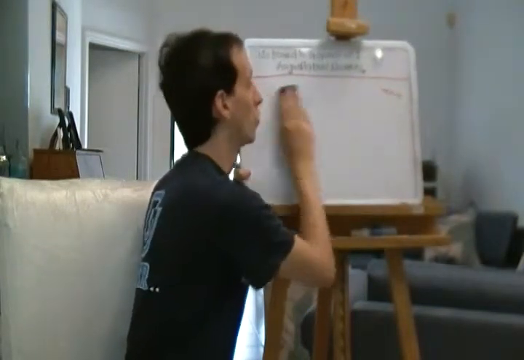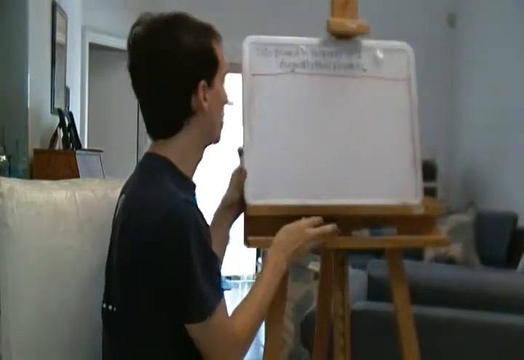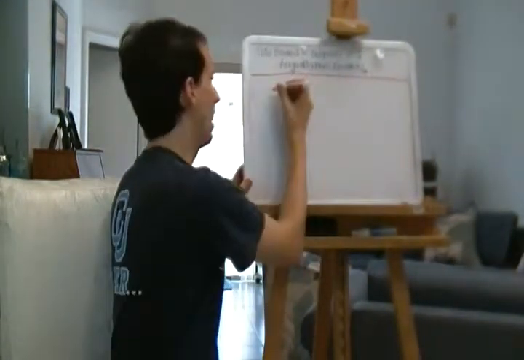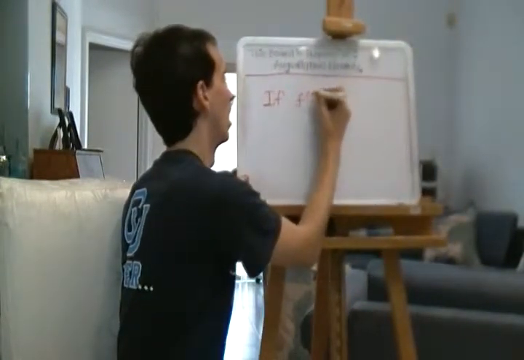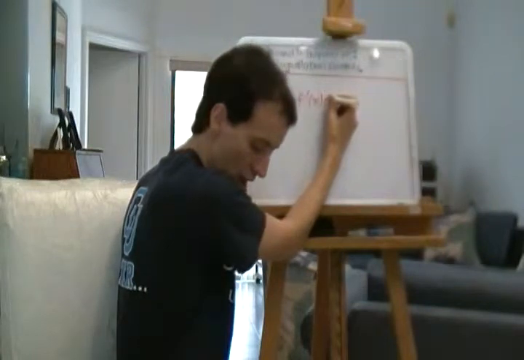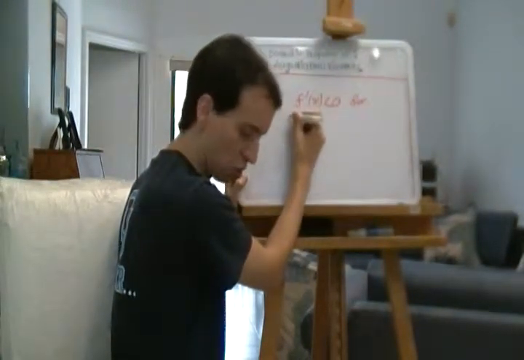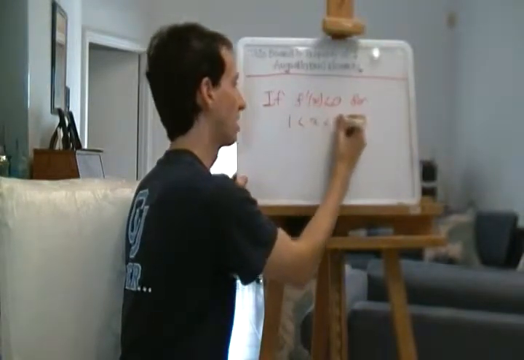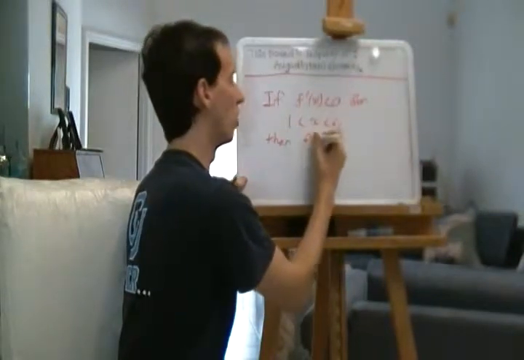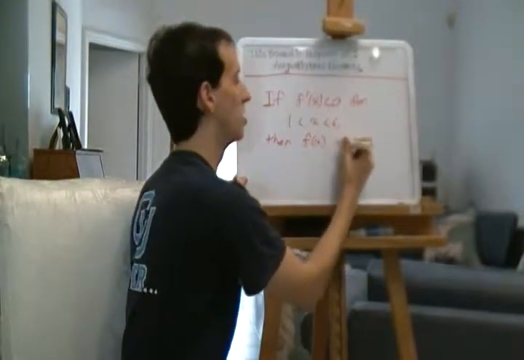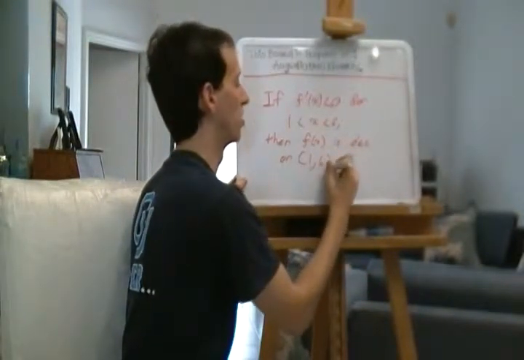Now we've got a true-false question that is related to the concept check. I just want to make sure you were very firm on this. If f prime of x is less than 0 for x between 1 and 6, then the original function is decreasing on the open interval 1 to 6.